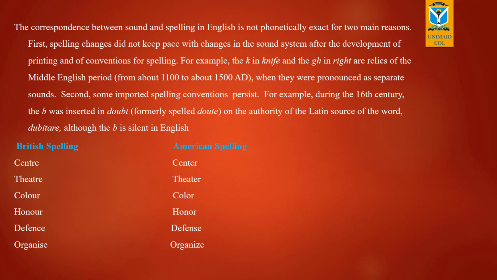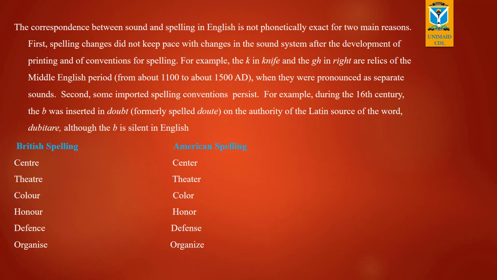These are relics of the Middle English period, that is from about 1100 to about 1500 AD, when they were pronounced as separate sounds. Another reason is that some important spelling conventions still persist. For example, during the 16th century, the B sound was inserted in the word doubt, on the authority of the Latin source of the word, dubitare. Although the B sound is silent. That's when you have, as we've said, doubt.